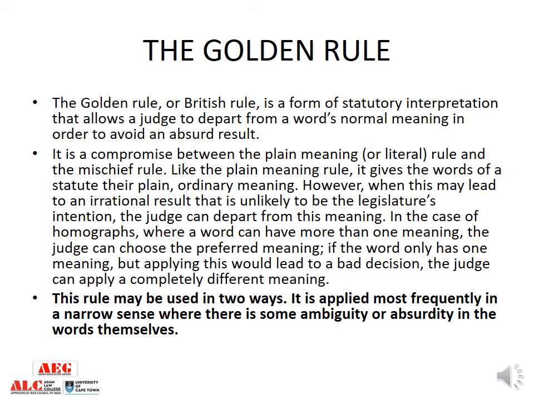So the golden rule says that whatever meaning delivers justice, that meaning should be taken into consideration, and that meaning should be given effect. तो अगर कोई वर्ड है जिसकी एक से ज्यादा मीनिंग निकल के आती है, तो जो मीनिंग डिलीवर करे जस्टिस, वो मीनिंग आपको यूज करनी है, जजेस को यूज करनी है, जजेस को इंटरप्रेट करनी है.